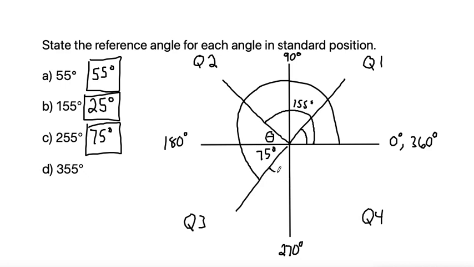I'm not looking for this angle over here, because that is the angle between the terminal arm and the nearest y-axis. That's not what I want for the reference angle. What I want is the angle between the terminal arm and the nearest x-axis, which is this angle in this case.